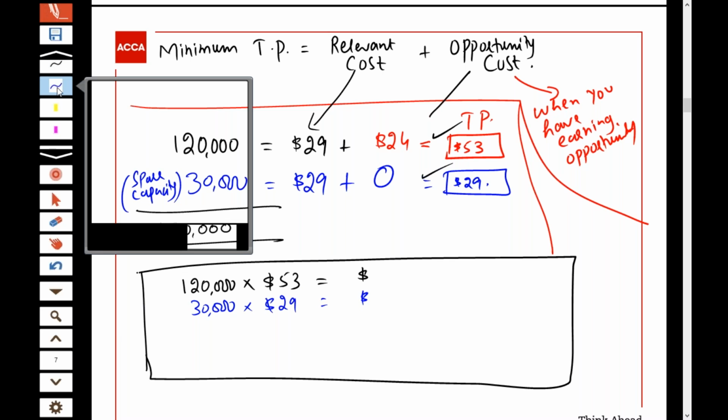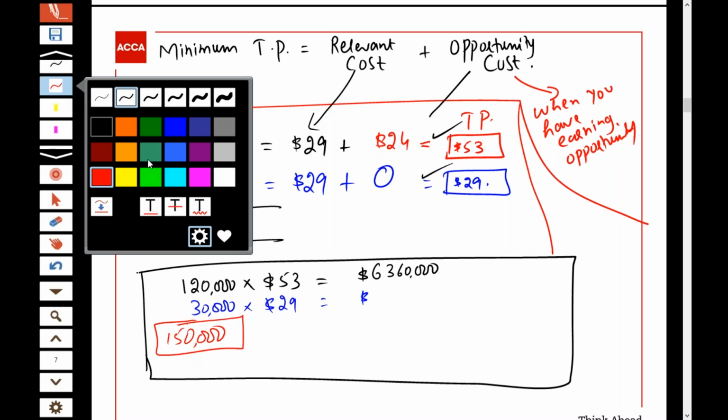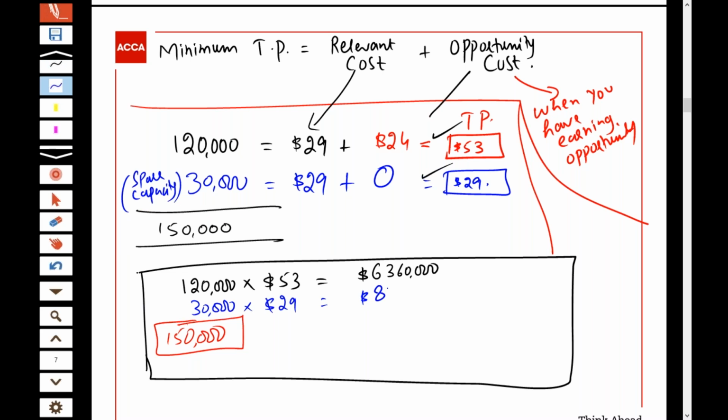So in total it becomes 150,000 units. 120,000 multiplied by 53 becomes 6,360,000, and 30,000 supplied at 29 is $870,000.